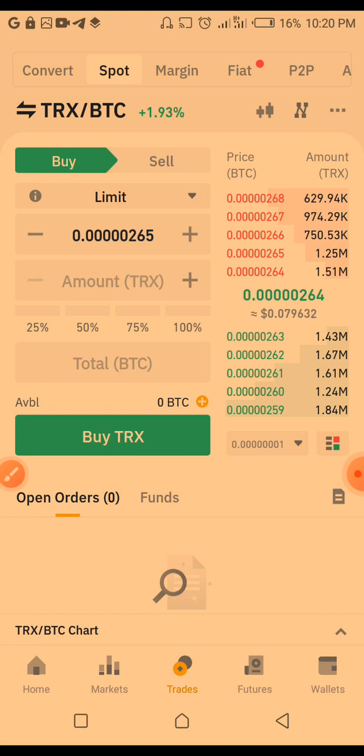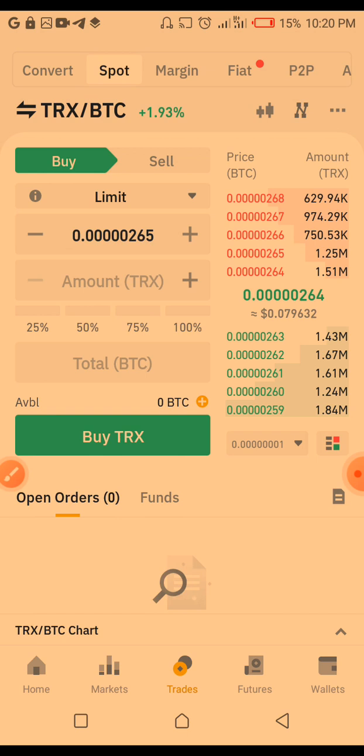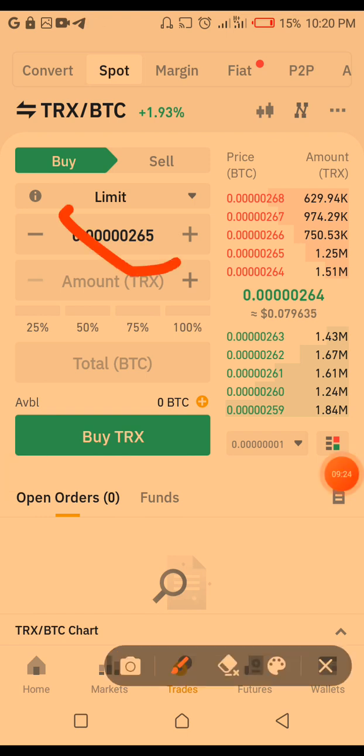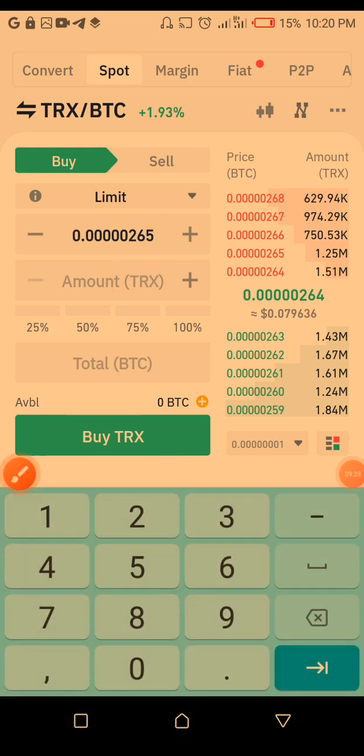Remember, we are using limit order to make our order pending, so that whenever the price of the market reaches 0.0265, our market will execute. Let's say we are using BTC to buy TRS here. So we are buying at this particular price right now. So when we open this order, let's say we are buying 100 USDT.